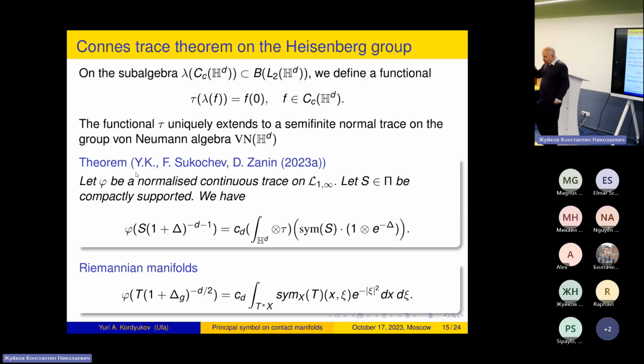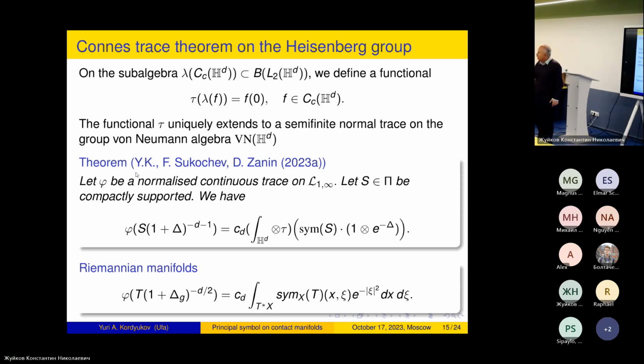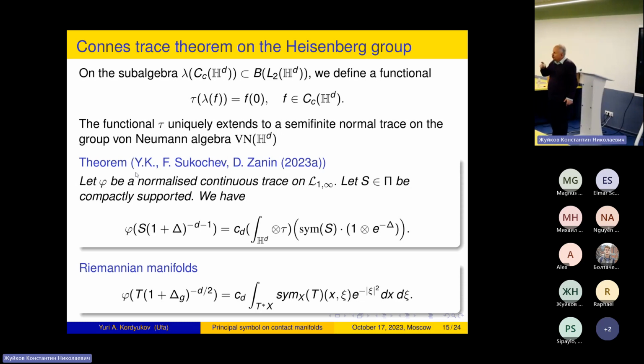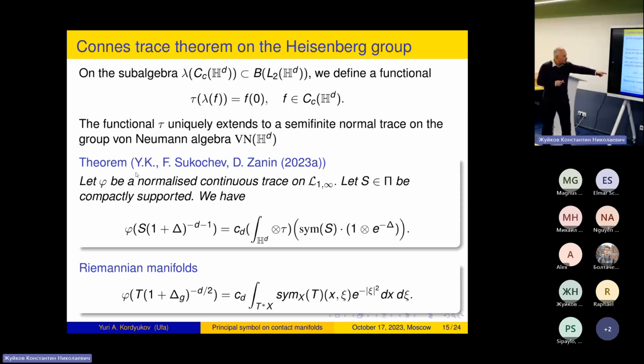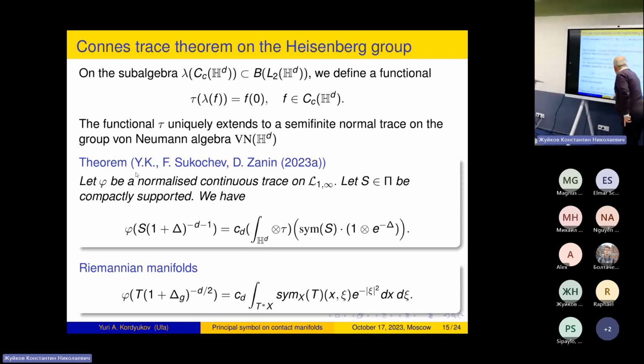But here I play not with 2d plus 1, which is the dimension of the Heisenberg group, but with 2d plus 2, which is the so-called homogeneous or Hausdorff dimension of the Heisenberg group. And what I get on the left, you can compare. So again, here instead of integration over the cotangent bundle, I take integration over our manifold, the Heisenberg group.